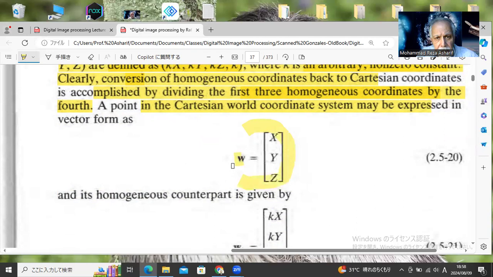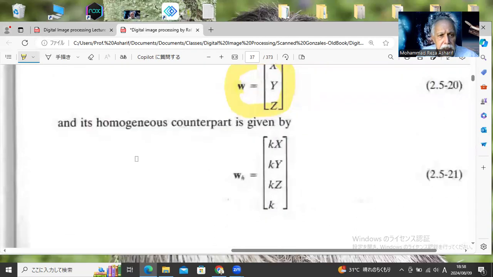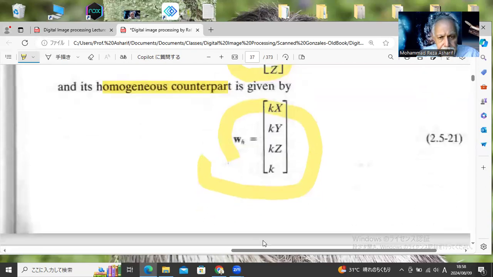This is the point in Cartesian coordinates. In homogeneous coordinates, its counterpart is this one, WH, the homogeneous coordinate counterpart, which is kx, ky, kz, and k.